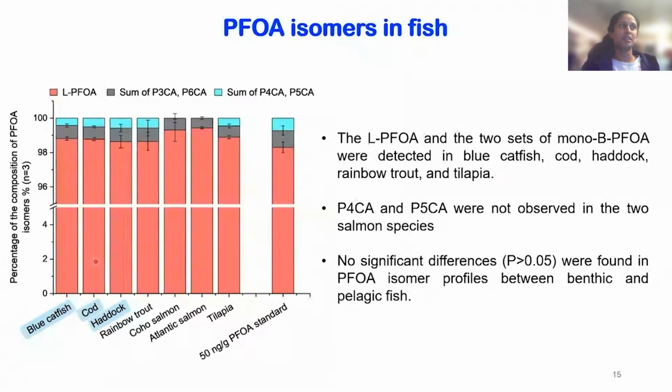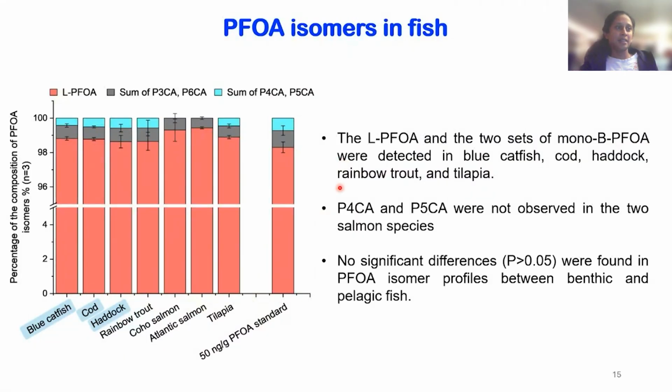And when it comes to PFOA isomers, as I said, because of its pKa and the higher water solubility because of the carboxylic acid, we did not see a significant difference between benthic and pelagic. And it's also around what you see in the PFOA standard.